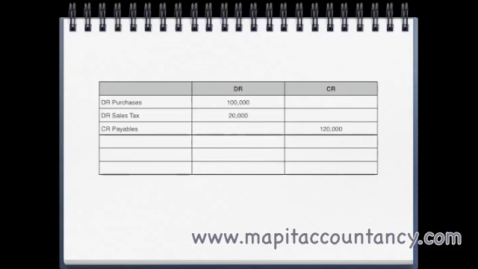When it comes to the sales, we do the same. We first of all have a receivable of 180,000, that's the full amount. But we need to split the sales of 150,000 and the sales tax of 30,000 for our credit entry. So make sure you're aware of how to post those journals where there is tax included on sales or purchases.